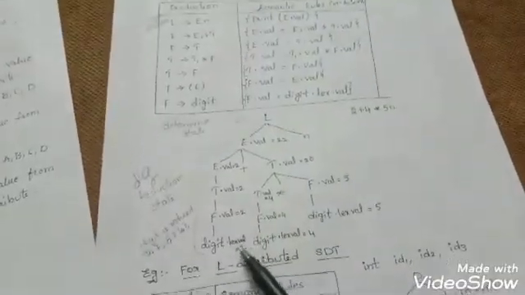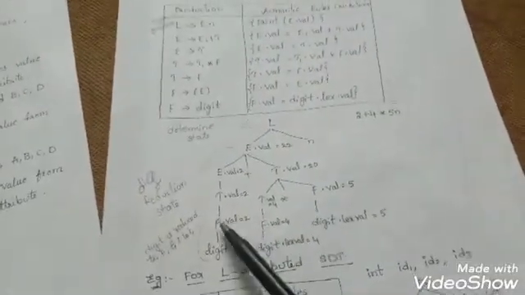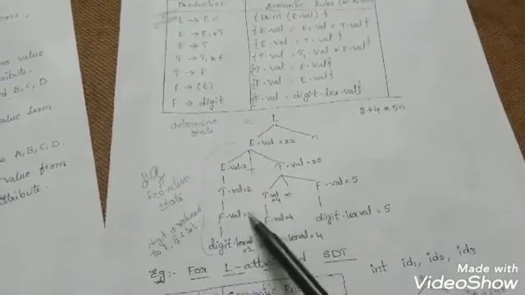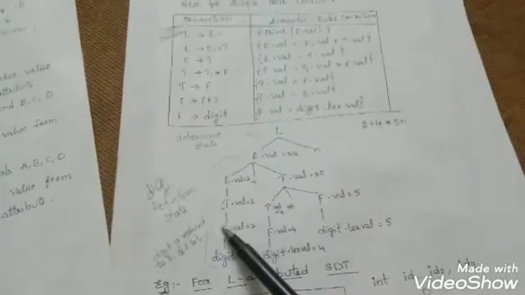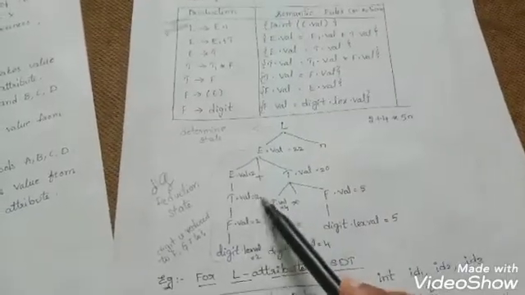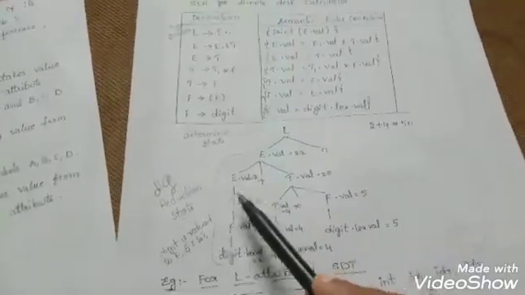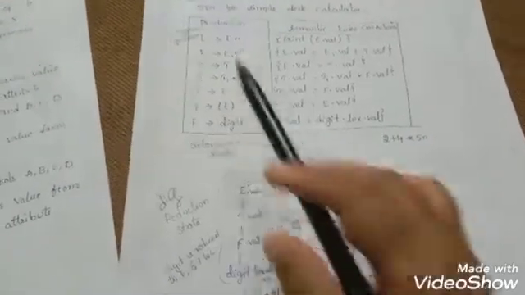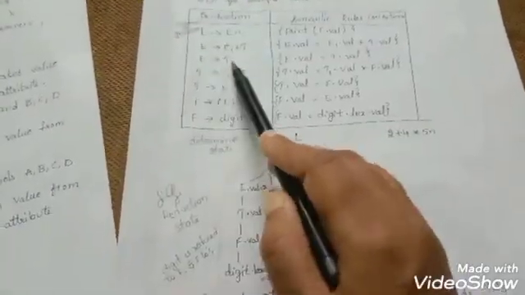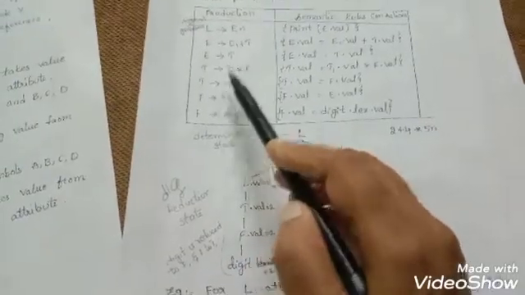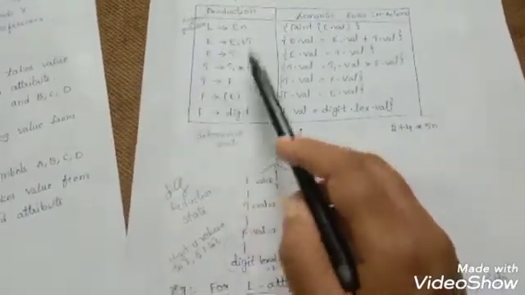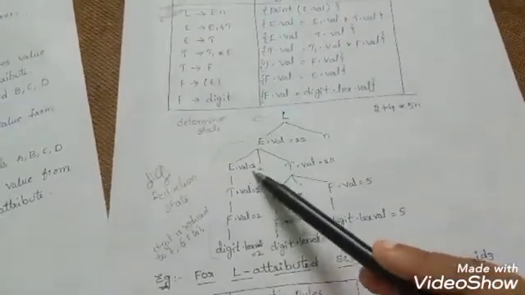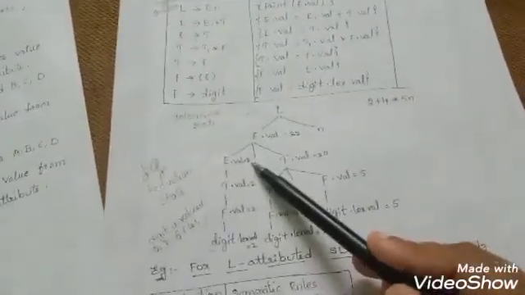This is passed to F.val, so the value is 2. F is assigned to T, so T.val also becomes 2, and the T value is assigned to E. You can see from the productions that E tends to T, T tends to F; that means the F value is assigned to T, and the T value is assigned to E. So E.val is the same value.